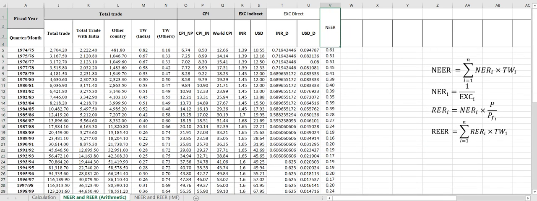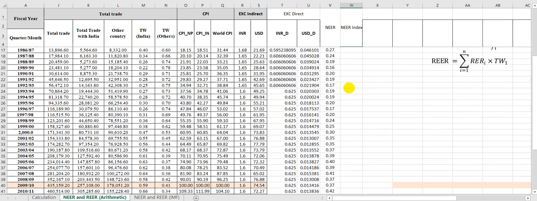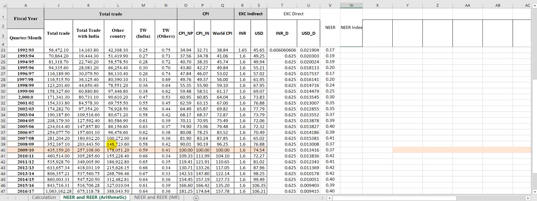Let's merge this cell, and I am interested in calculating the NER index. To calculate the NER index, my base year is 2009-10, so I will make this base year 100. I will do so by dividing this base by its own value, freezing this cell, and multiplying it by 100.